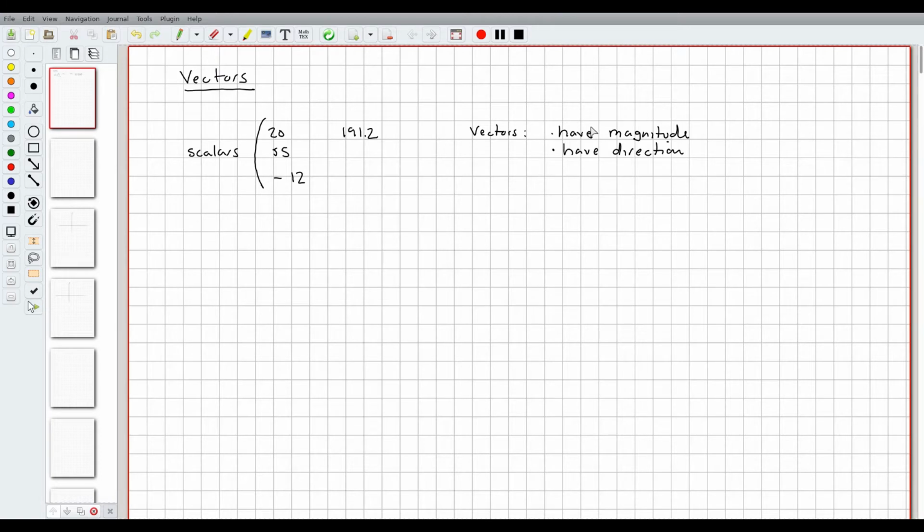Now, that said, the rules that you know of dealing with scalars are the standard rules of algebra. I'm sure you may vaguely remember some of the properties of algebra. For example, numbers in algebra commute, they distribute, they associate.